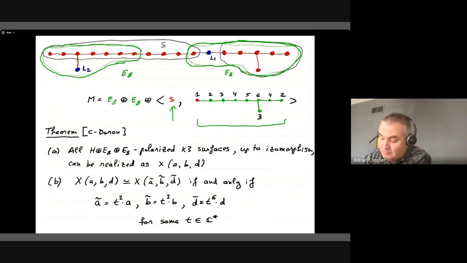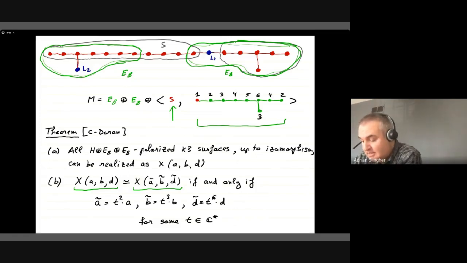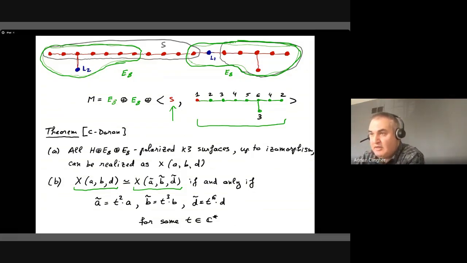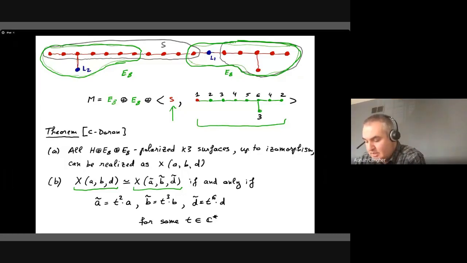And if I take two members of this quartic family, say X of A, B, D and X of A tilde, B tilde, D tilde, these two will be isomorphic as lattice polarized K3 surfaces if and only if the two triples are linked in a weighted projective way. So A tilde differs from A by multiplication by a non-zero quantity T squared, B tilde is T cubed B, and D tilde is T to the 6th D.